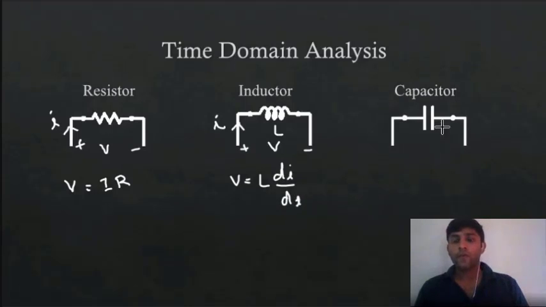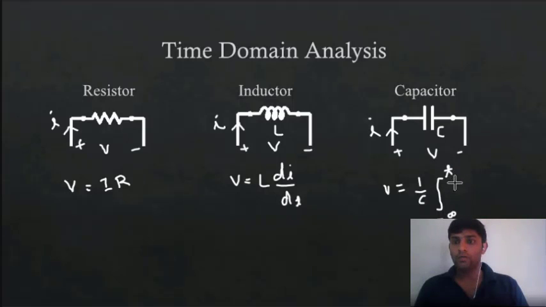And in the case of a capacitor, suppose V is the voltage and the current flowing through it is I. Then the voltage across this capacitor is given by 1 by C times the integration from minus infinity to t of I dt.